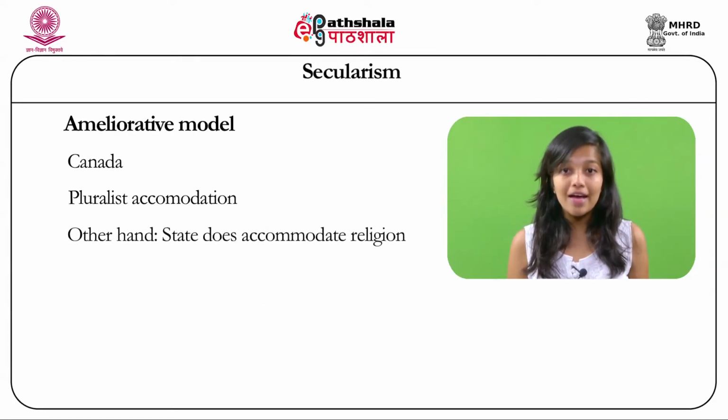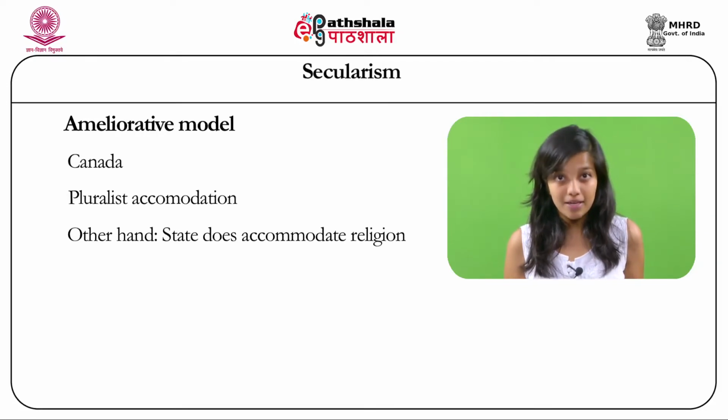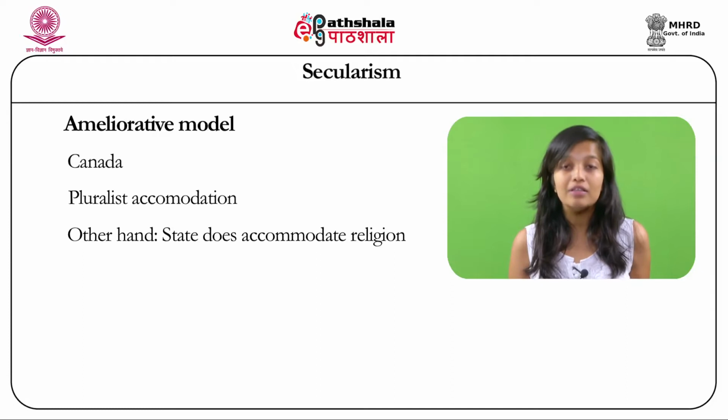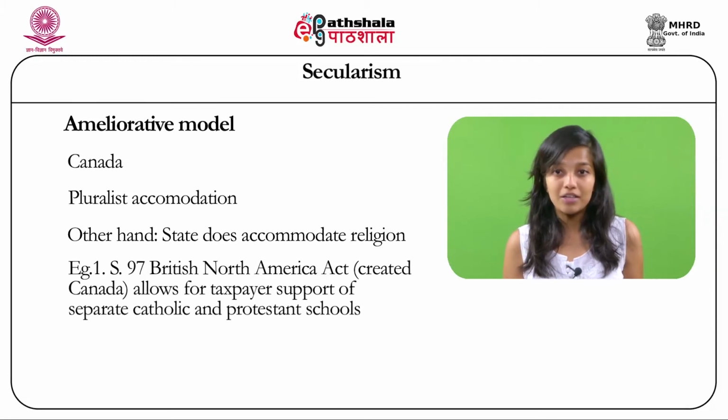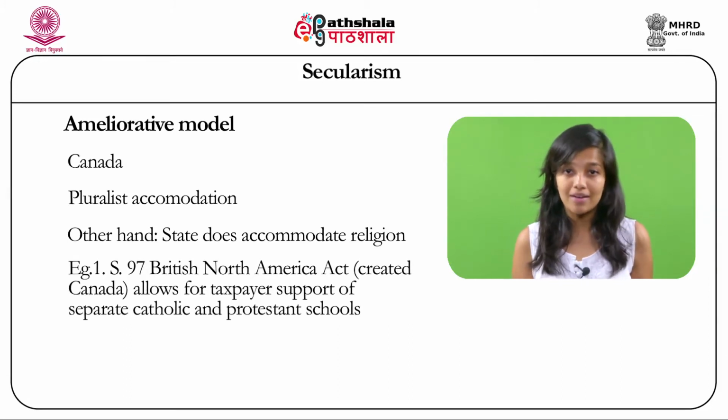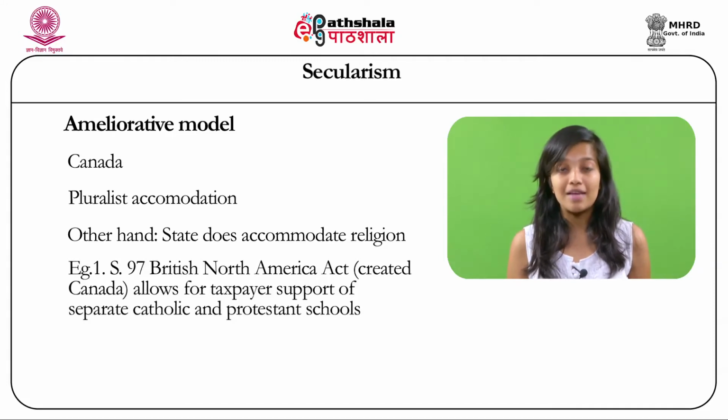However, on the other hand, the state of Canada does in certain circumstances positively accommodate certain religious behavior. For instance, Section 97 of the British North America Act, which in fact created the Dominion of Canada itself, allows for taxpayer support of separate Catholic and Protestant schools.